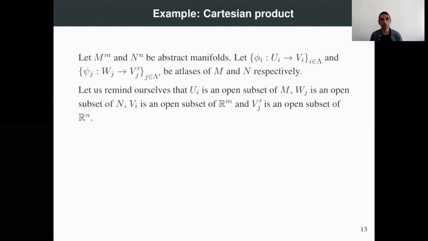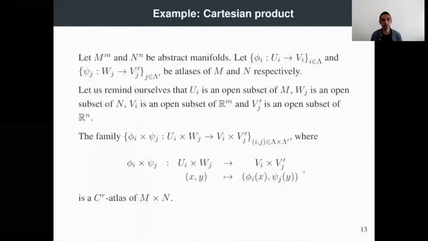Let us remind ourselves that U sub i is an open subset of M, V sub i is an open subset of R to the power small m, the dimension of big M, W sub j is an open subset of the second manifold N, big N, and V sub j prime is an open subset of R to the power n, okay?